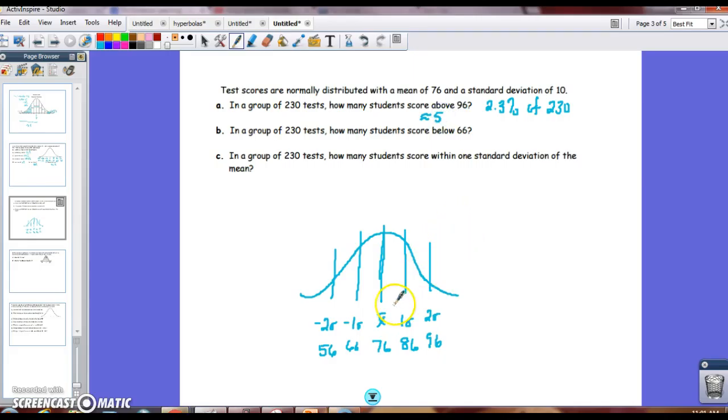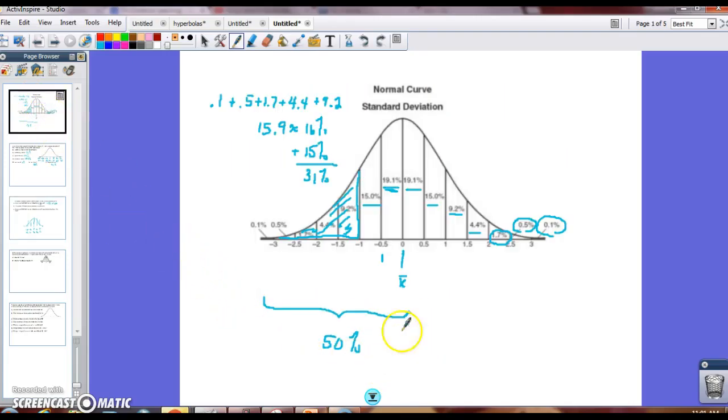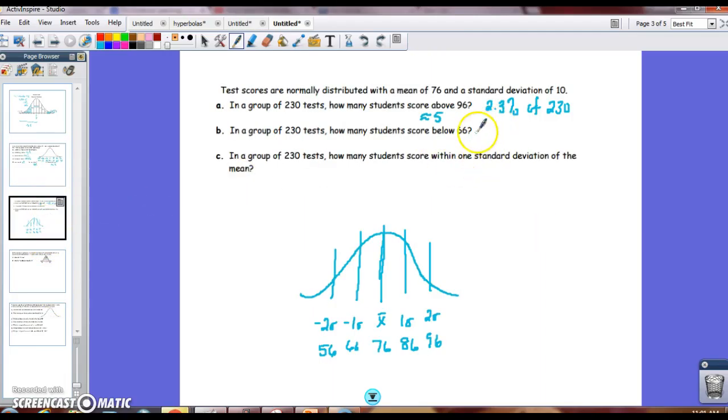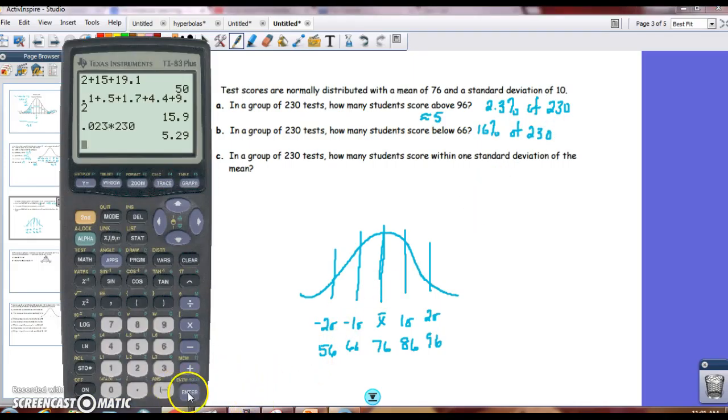Okay, how many students score below a 66? Well, that's 1 standard deviation below the mean. If I add up all the percentages that are below 1 standard deviation, that's 16%. So if I go back and do 16% of 230, I'm doing 0.16, because that's how you would write 16% as a decimal, times 230.